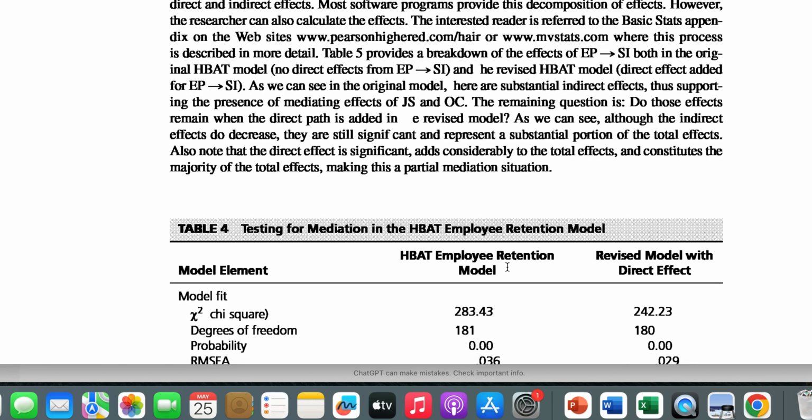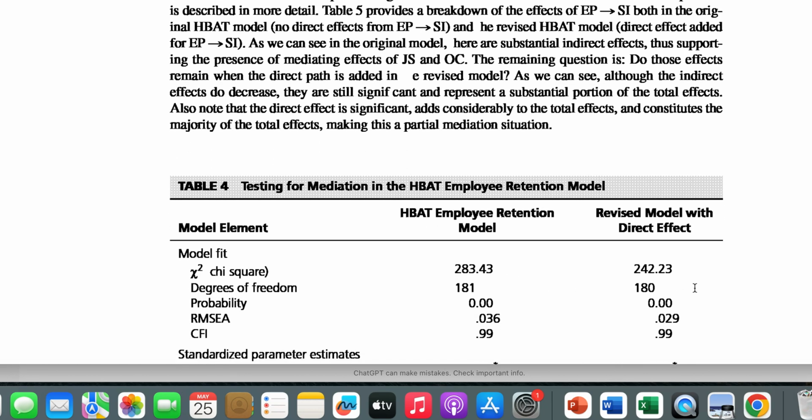Table 5 provides the breakdown of effects of the EP and SI. Both the original H-Butt model, with no direct effect from APNSI, and the revised B-Butt model, with direct effects added for APNSI.